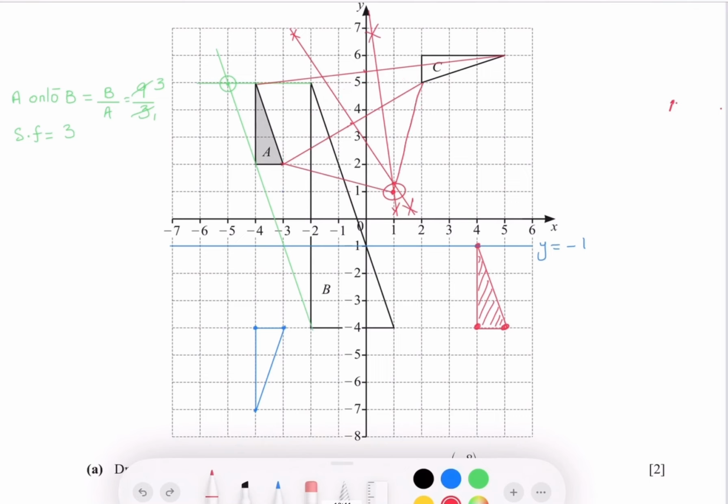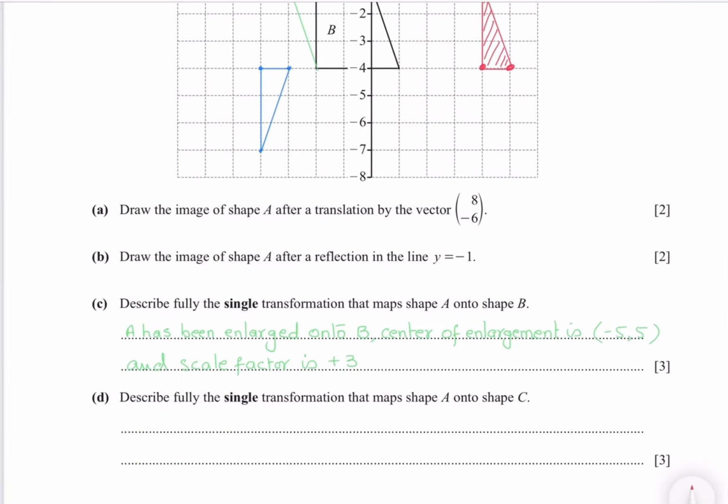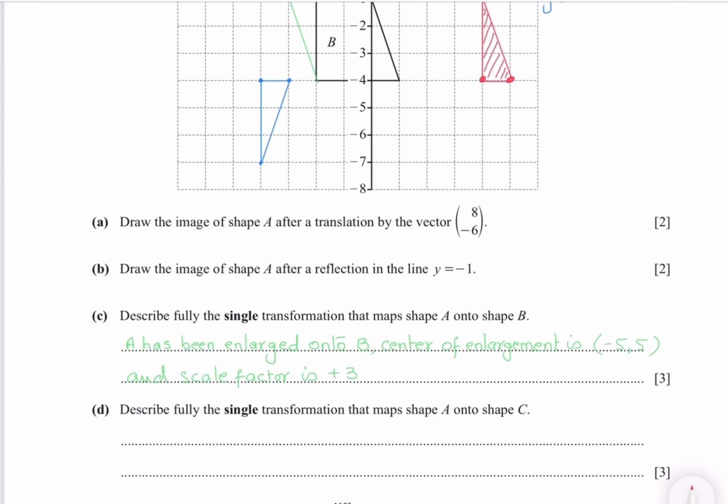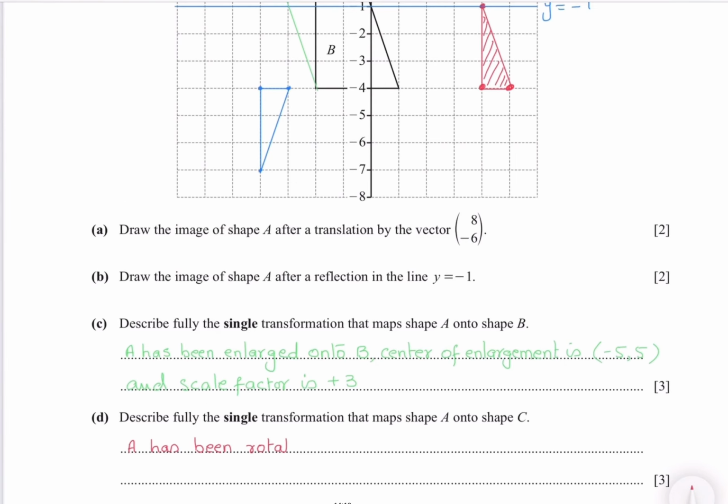So join another vertex of C, the same corresponding vertex, to the center of rotation, so it is exactly 90 degrees. So now we can write its description. So A has been rotated onto C 90 degrees clockwise about (1, 1).